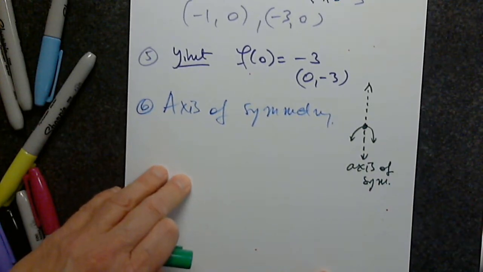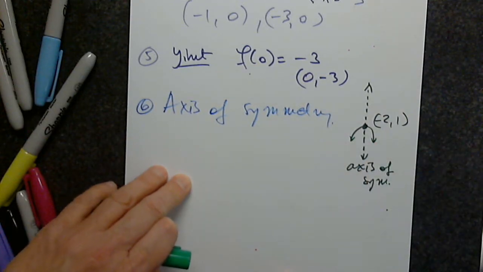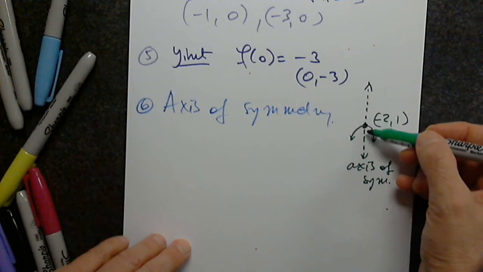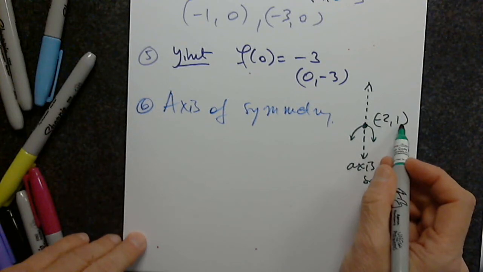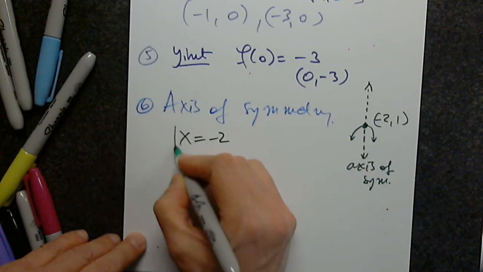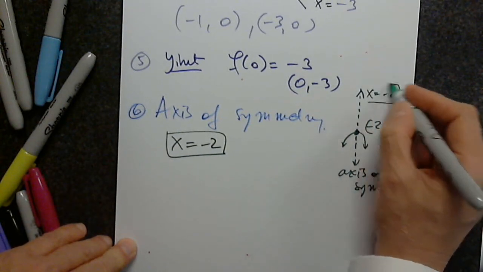It's a vertical line through -2, 1. Can anyone give us this vertical line? What should it be, if the point it goes through is -2? This is the y value. Oh, yeah. Yes. x equals -2 indeed. x equals -2 is this line. Excellent.